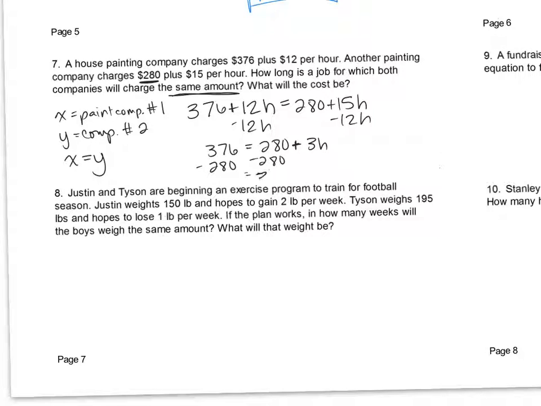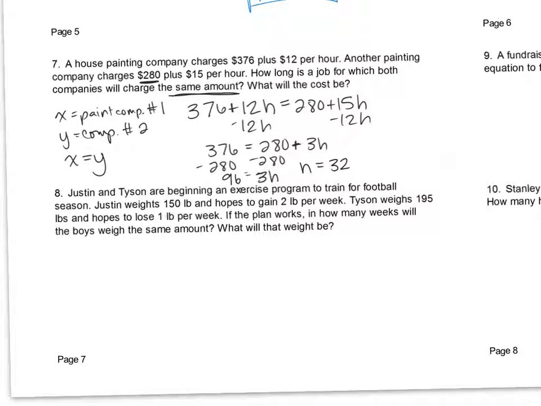So positive 3H, and then if we subtract, that would give us 96, and then if we divide by 3, that would give us 32. So it'd be 32 hours for it to cost the same no matter which company that you use.